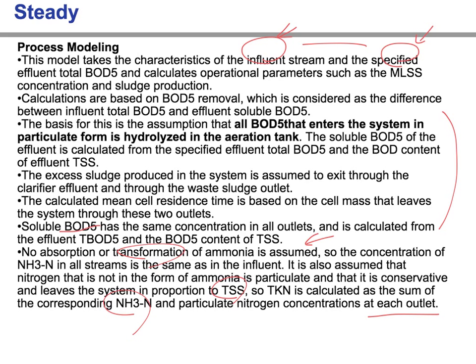This is just a mass balance, not a chemical reaction or chemical transformation. So that's another limitation of this model. In other words, if you have ammonia in your influent, you may want to use other models than the ASM first model.